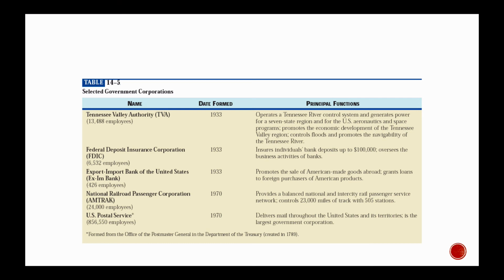So it's pretty much the opposite of the Postal Service. But those are both examples of government corporations, and there are not very many of them, to be perfectly honest. There are not many of them in relationship to things like independent executive agencies and independent regulatory agencies, but there are a few that make sense for us to know about.